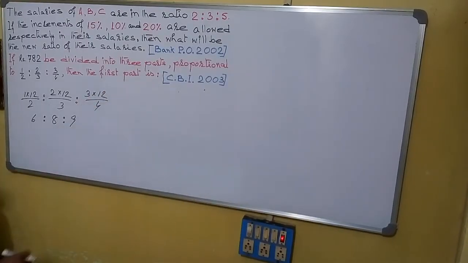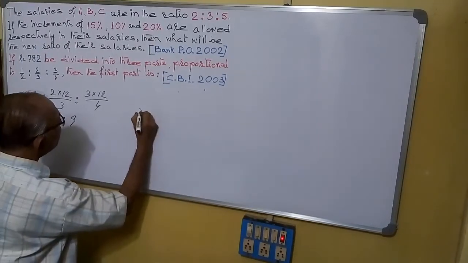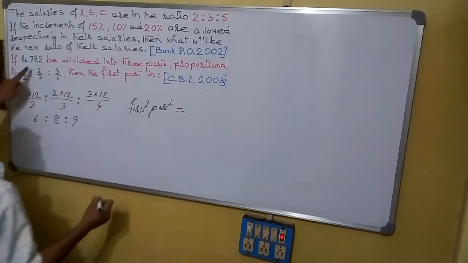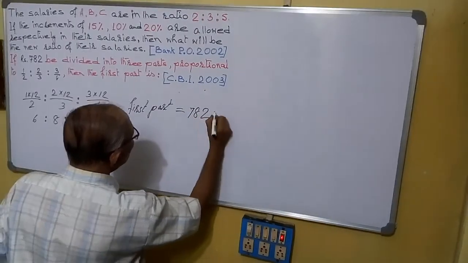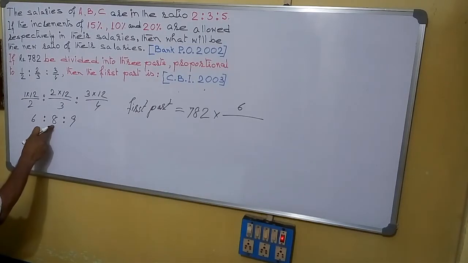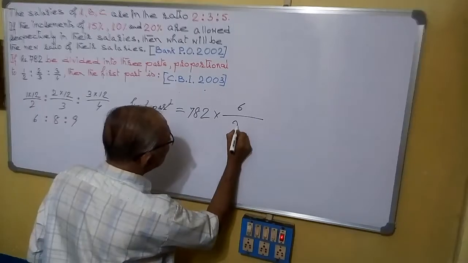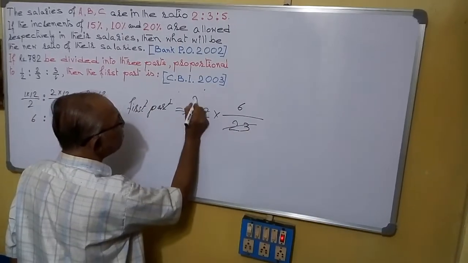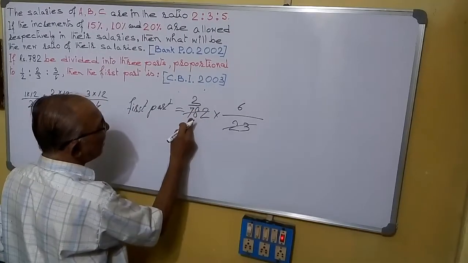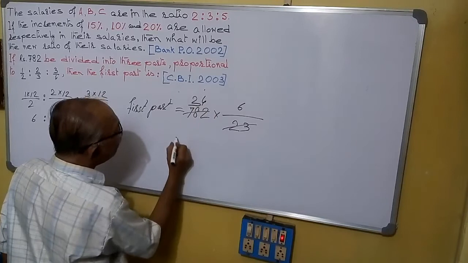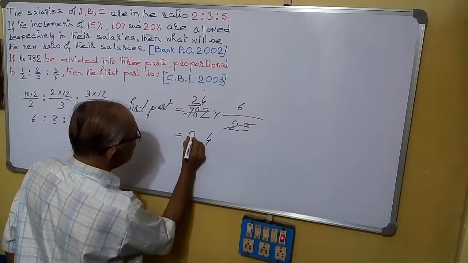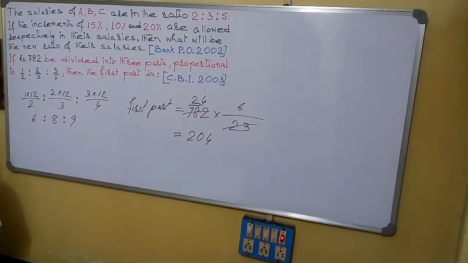Then the first part will be this 6. See, we need not do the whole thing. 782 into the first part, 6, by the total: 6 plus 8 is 14, 14 plus 9 is 23. 782 divided by 23 is 34, then 34 into 6 is 204.